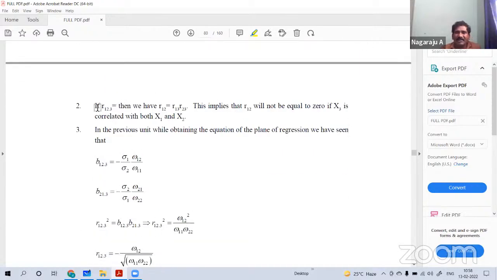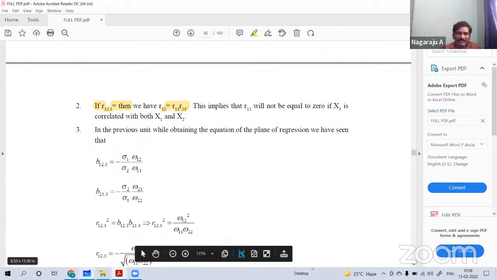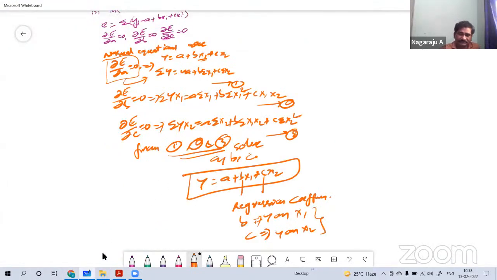It is R12.3. It means that R12 depends on R13 and R23. So that is the notation we can take: R12.3 means R13 and R23.